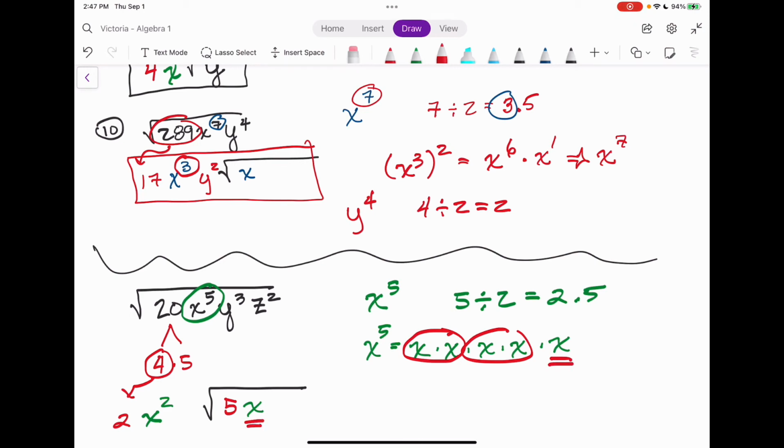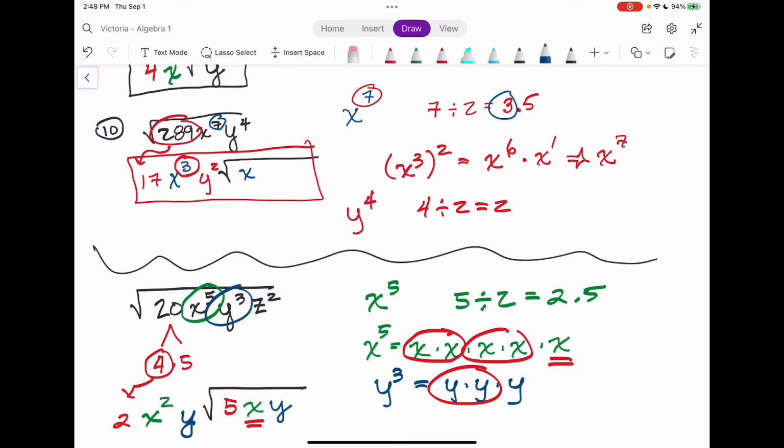And then let's go do our y's. So I have y cubed. So I could say 3 divided by 2, that's going to be 1.5 if I want to do it that way. Or I can say that's y times y times y. So I have 1 y on the outside. And I'm going to end up with 1 y left over.